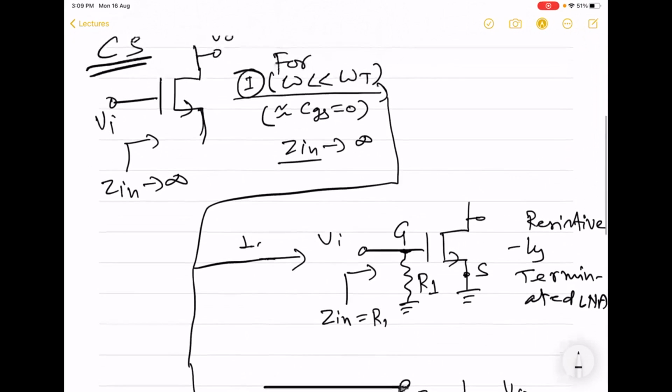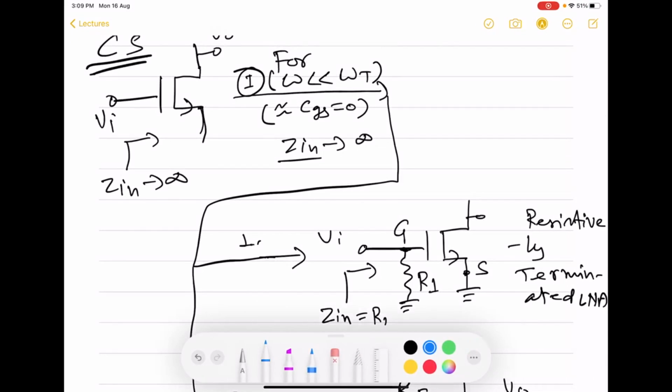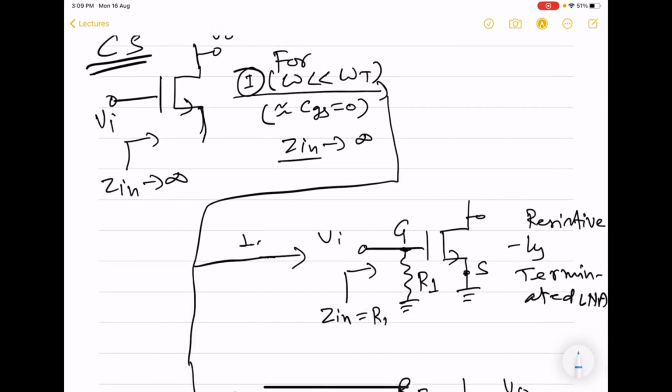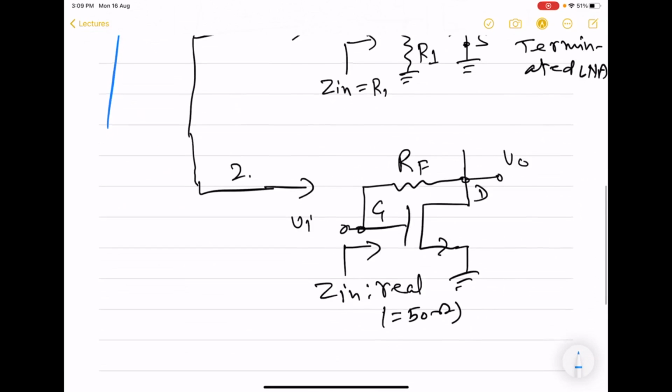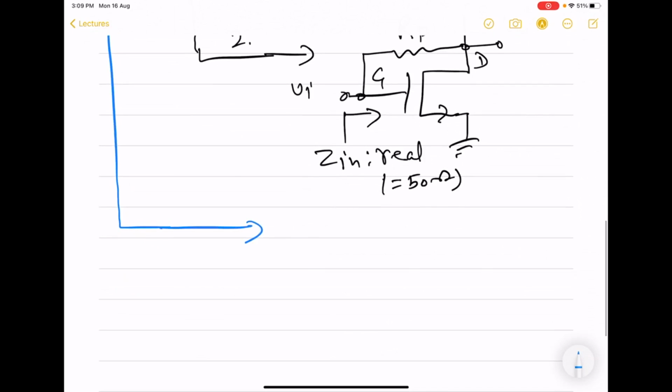However, if the operating frequency is large, that means it is not so small compared with the threshold frequency. So this is the third case, when omega is not much less than omega t. That is, in this case, CGS is no longer equal to 0. It cannot be neglected so easily.